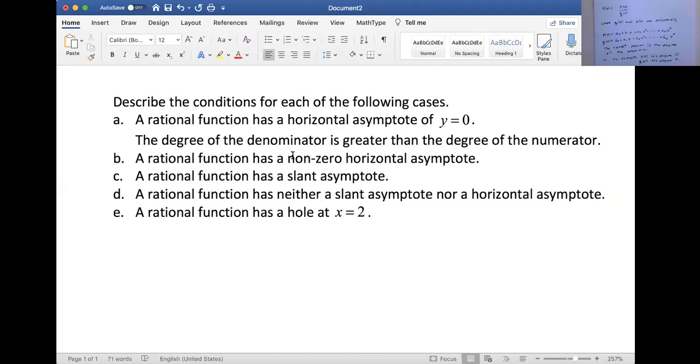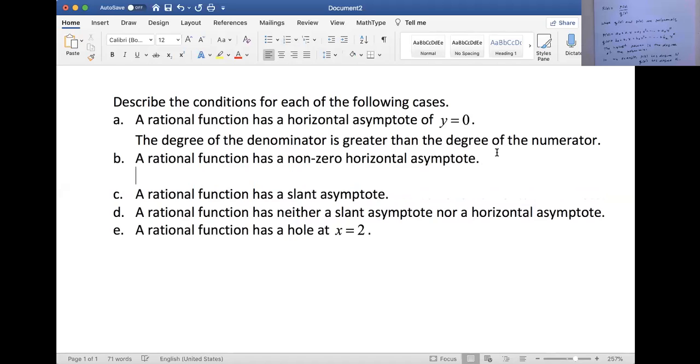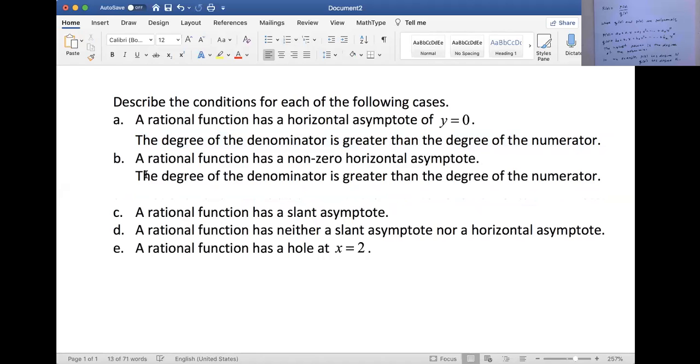The rational function has a non-zero horizontal asymptote. That means the degree of the denominator is the same as the degree of the numerator, and then we divide those out.